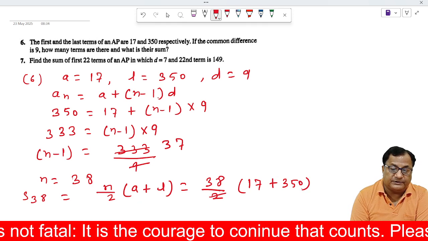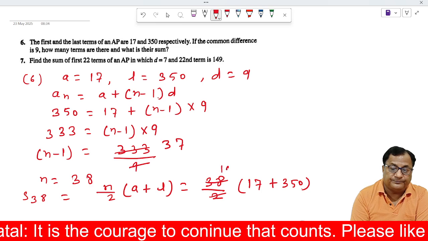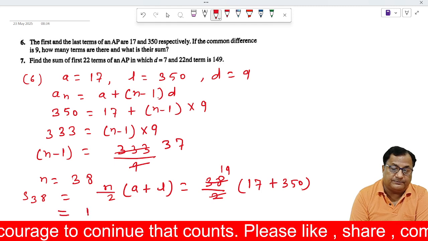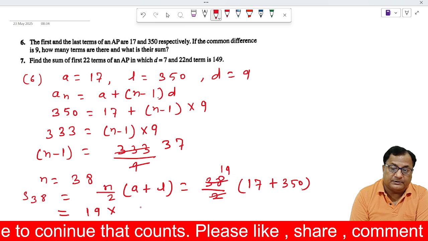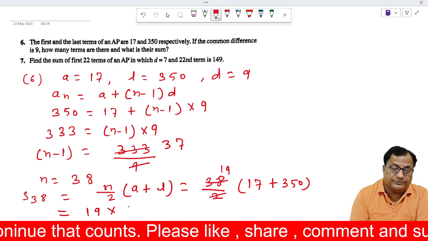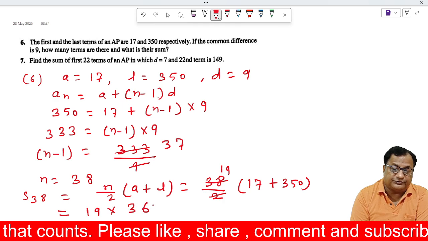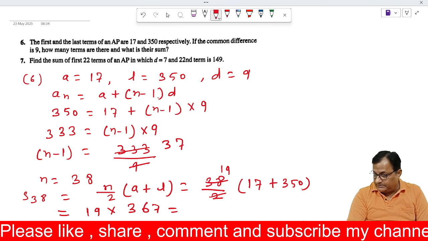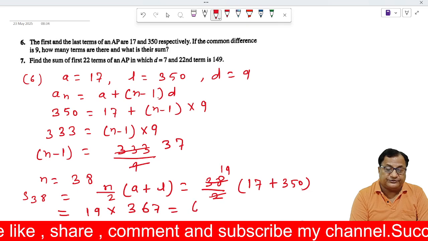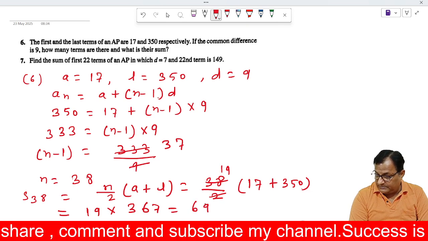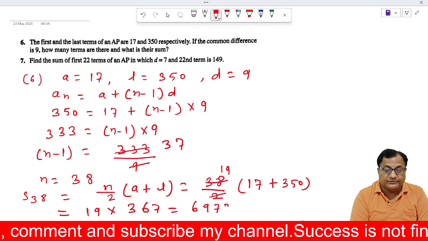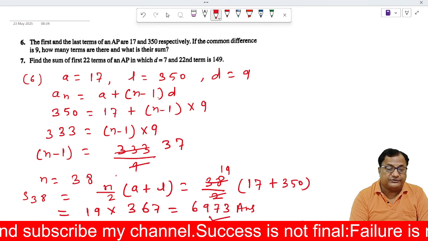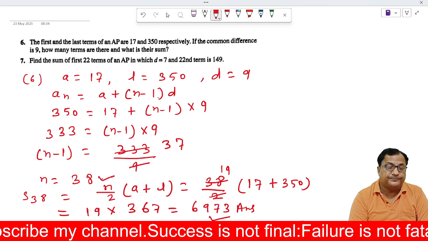So this will be 19 multiplied by 367. If we multiply this, we will get 6973. This is the answer.